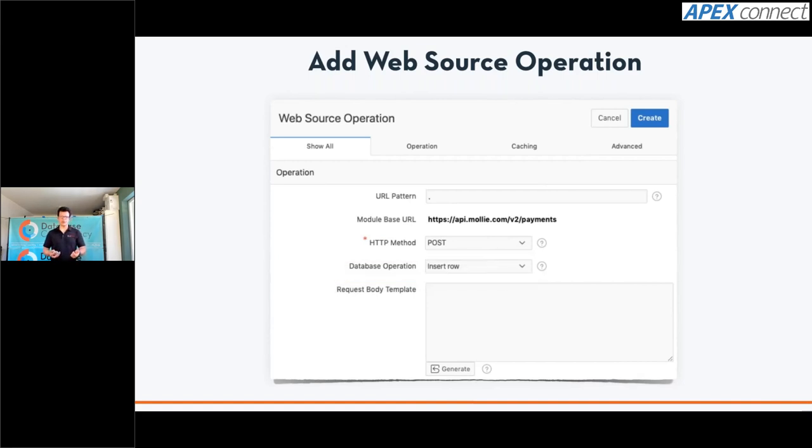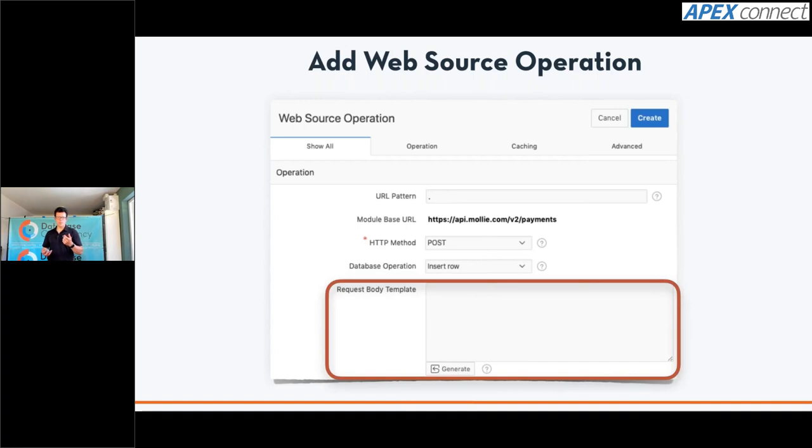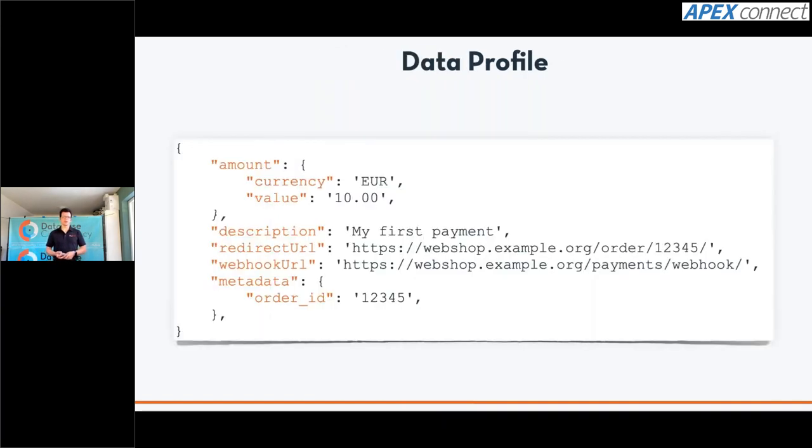And then the body template. So what should we put there? Well, that will basically be the JSON we need to send to the server. That's this part. This is the JSON. But there are already some fixed amounts in here and a fixed description, and we need to make this more variable.